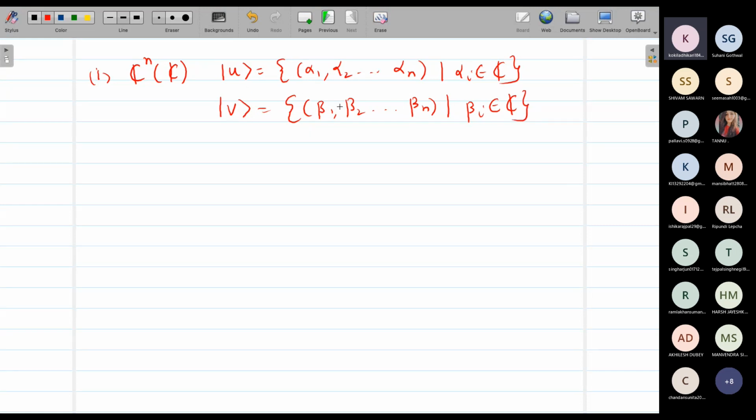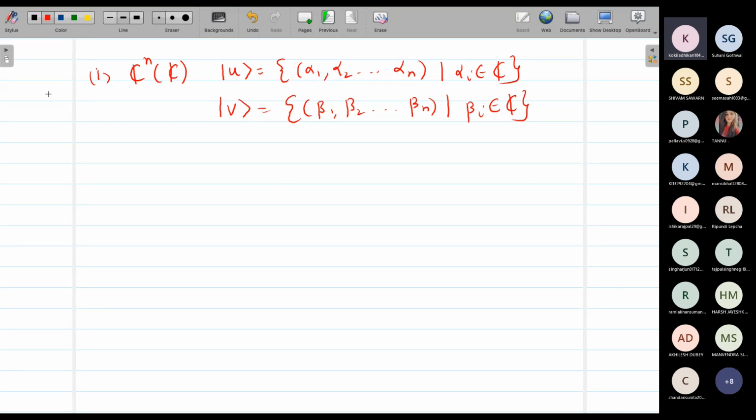That means we add component-wise, and multiplying with a scalar means multiplying every component. Will this qualify as a linear vector space? Yes.